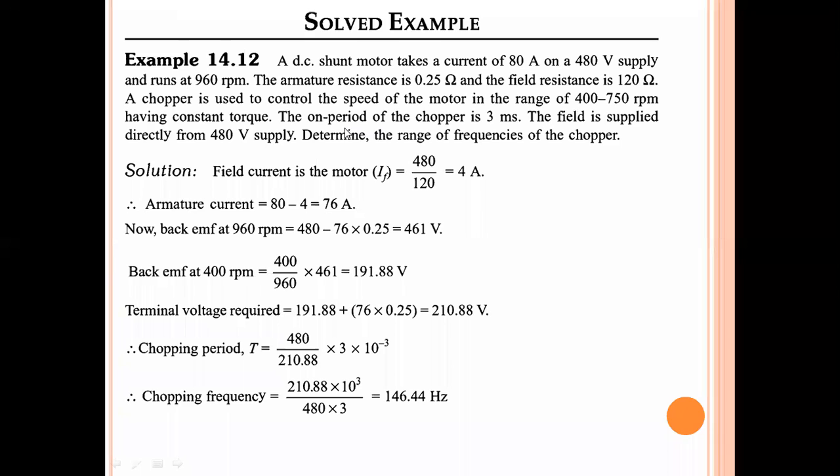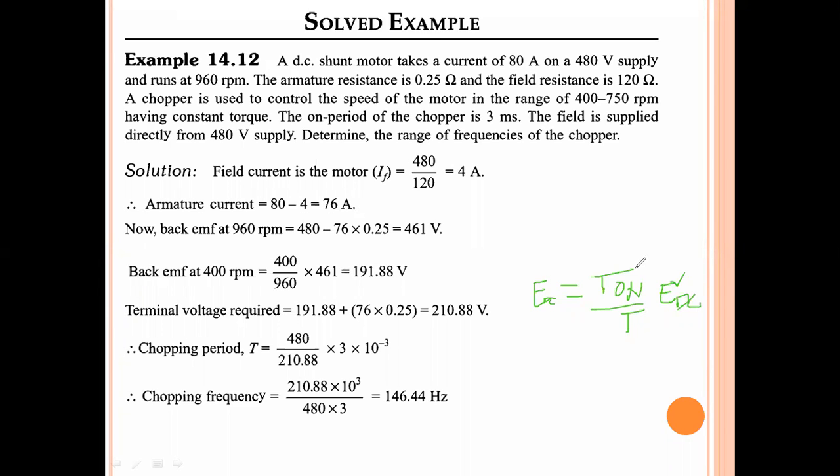Okay, so for that we also have the on time period as 3 milliseconds. In order to calculate the frequency, we need to calculate the time period. In order to get the time period, we need to use this relation: EA, or the motor terminal voltage, or the average voltage, is equal to the duty cycle, which is T on by T, into the DC supply voltage.